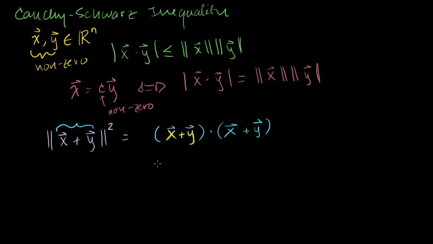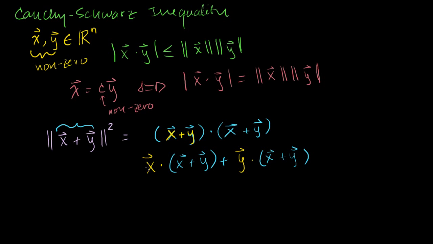So this right here can be rewritten as x dot this x plus y, and then it would be plus this y dot x plus y. It's good to see that when you're multiplying these, you're just applying the distributive property. All I did is distribute this term along each of the terms in this sum right here. So then I got this.